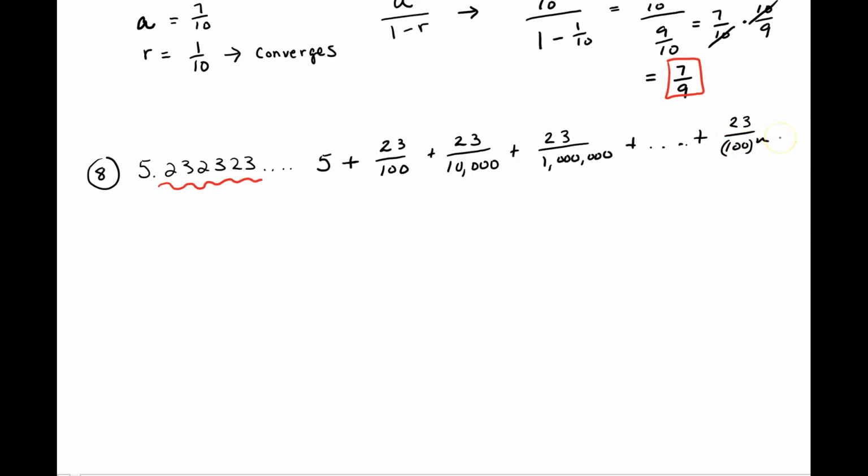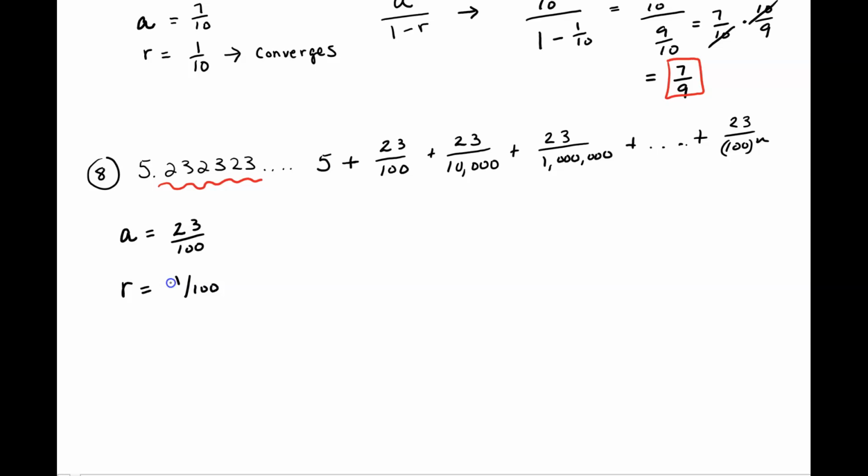Just like that. So our initial value a is 23 out of 100. And our r value is going to be this factor of 1 out of 100, because we seem to be multiplying every successive step by 100.